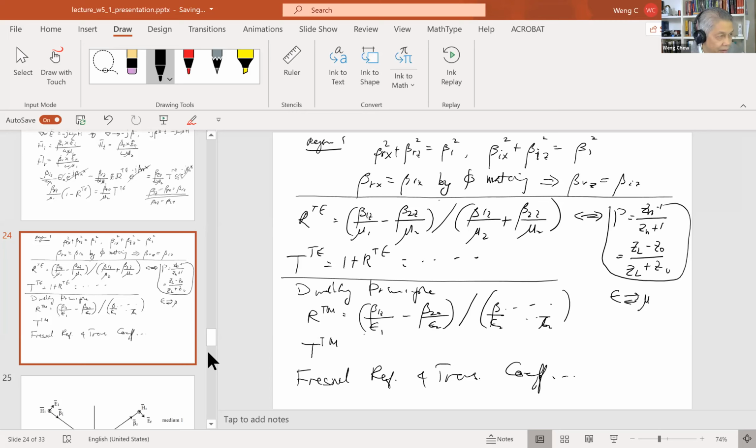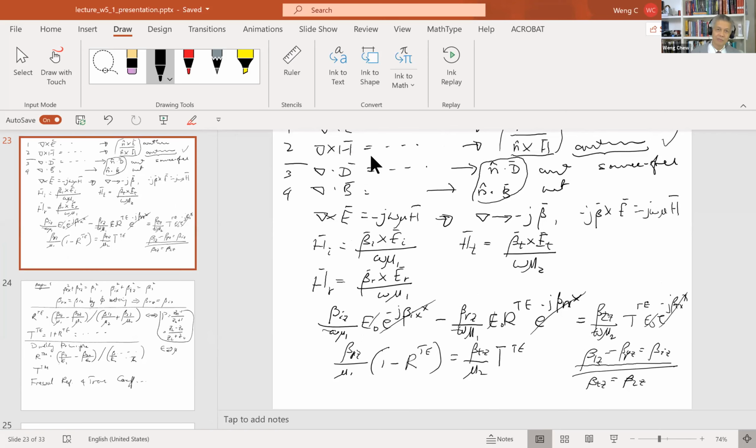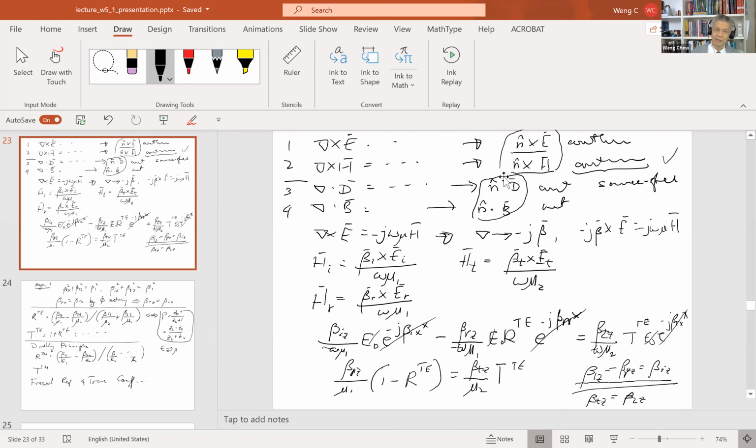Okay, so there's no dual to each other, because those equations are derived assuming that Maxwell's equations are source-free. If you assume that Maxwell's equations are source-free, you can swap E and H, but you get the same conclusion: tangential E continuous, tangential H continuous.